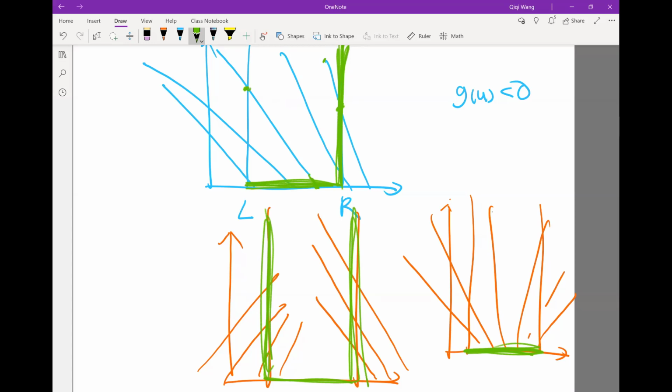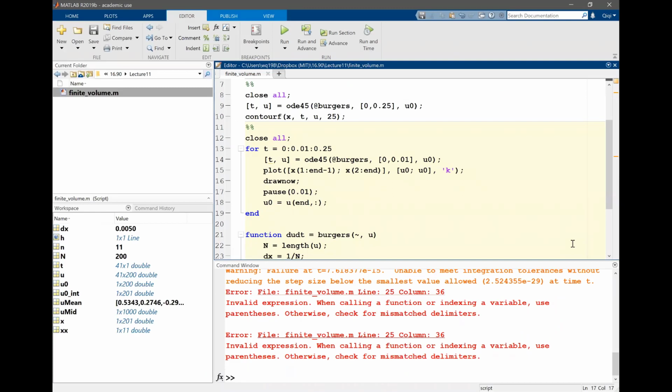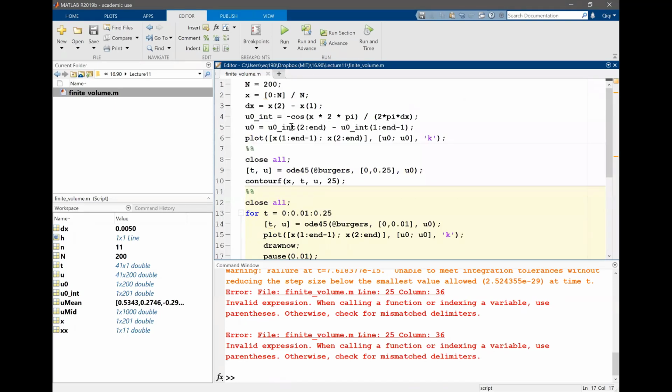So this is when it makes sense to specify boundary conditions. And I'll quickly talk over how to specify boundary conditions in the discretization. And I'll show you a pretty simple example where I have an initial condition that's all positive. Okay, so I basically add a 2 to the initial condition to make sure everything is positive.